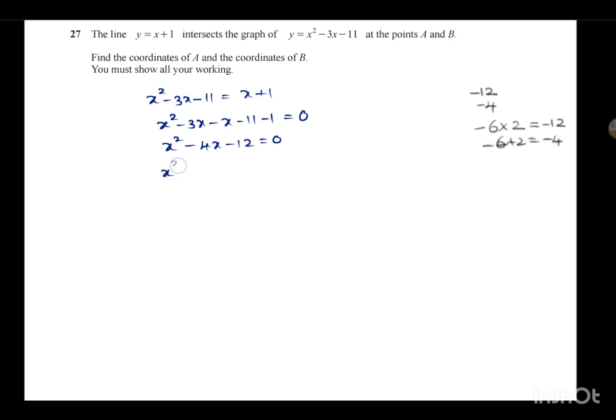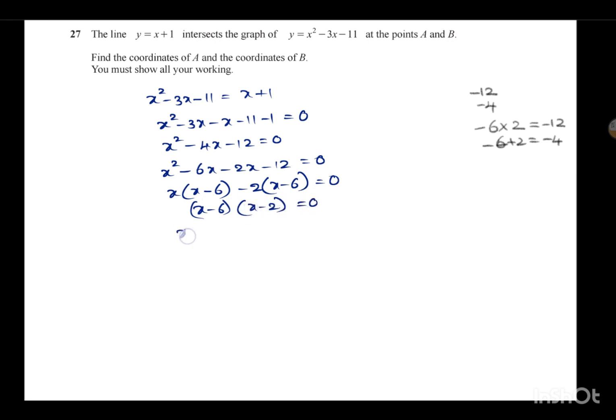So x square, splitting the middle term, I get minus 6x plus 2x, minus 12 is equal to 0. Taking x common, x into x minus 6, plus 2 common, you take x minus 6 here in brackets. So x minus 6 is the common factor, x plus 2 is the other factor.